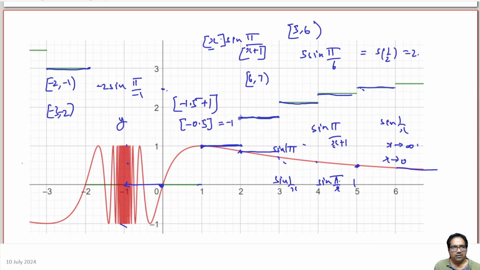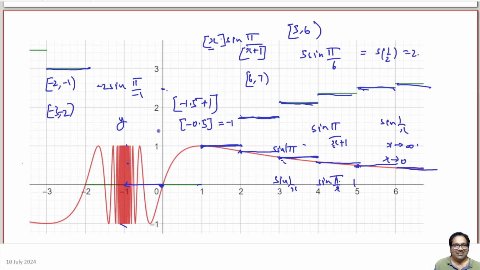This one is double of it, which is 1.7. Similarly, 3 times of this line is actually this line. Similarly, 4 times of this line is this. Similarly, 5 times of this line, 5 times of 0.5, is equal to 2.5. 6 times of this line is actually this one.